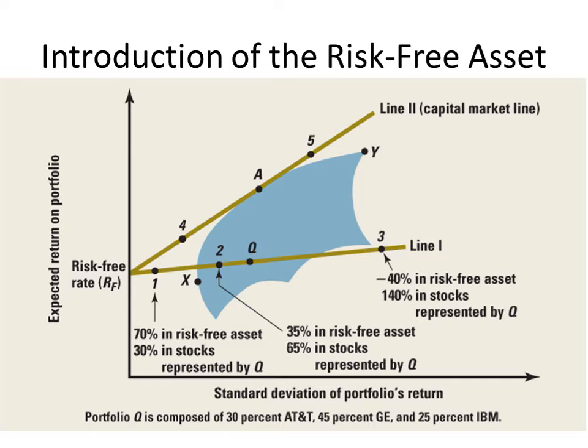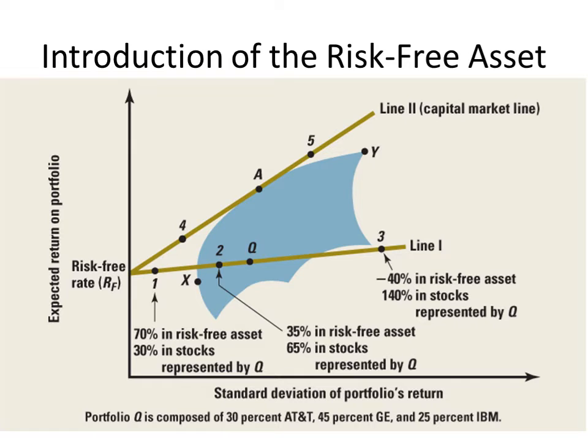Notice that every portfolio along the capital market line has higher reward for the same amount of risk or lower risk for the same amount of reward as any other portfolio shown in the blue area. In other words, the highest amount of reward for the same amount of risk comes from investing along the capital market line. And so sane investors will be investing along the capital market line.